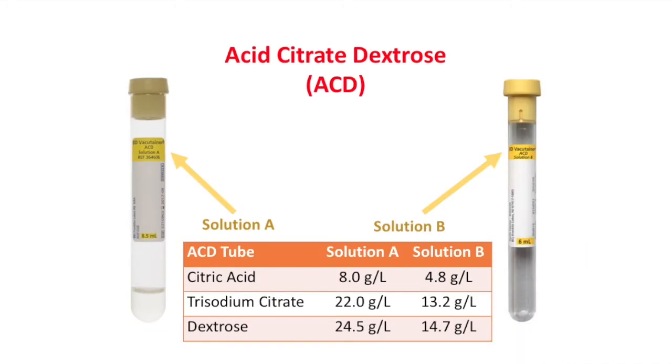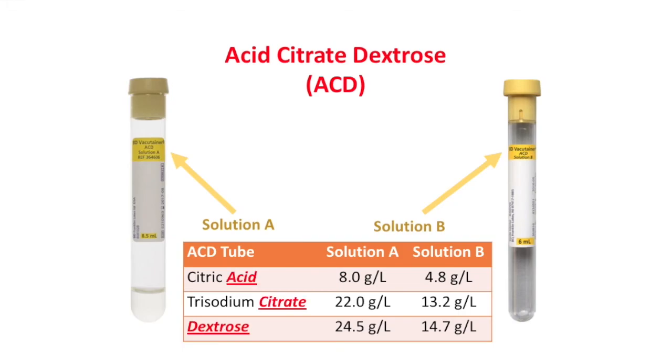The actual additives in these tubes are citric acid, trisodium citrate, and dextrose. As you can see, solution A comes in slightly larger concentrations, and solution B, being the smaller tube, comes in slightly smaller concentrations. We've shortened these 3 additives down to just acid, citrate, and dextrose.